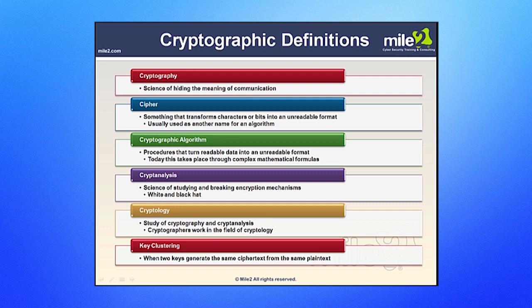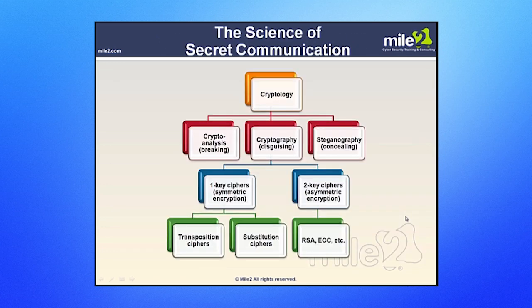Hackers doing this in an ethical way are called white hat, and hackers doing this in a more evil way to get into information they shouldn't be looking at are considered black hat. Then there's cryptology, the study of cryptography and cryptanalysis. Key clustering is where two different keys generate the same ciphertext, the encrypted version, from the exact same initial plain text, which would obviously be very unusual.